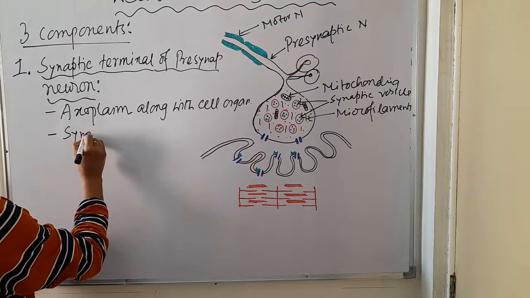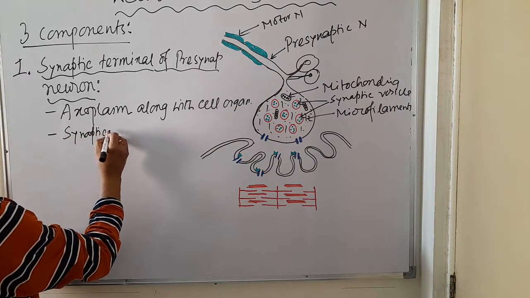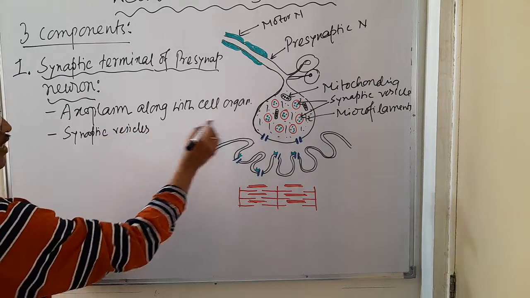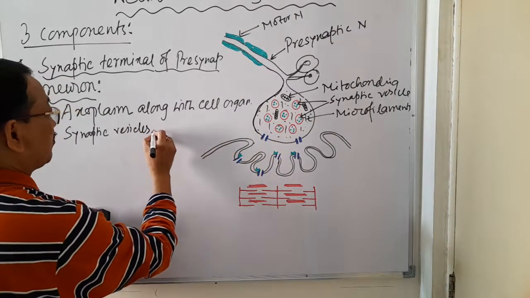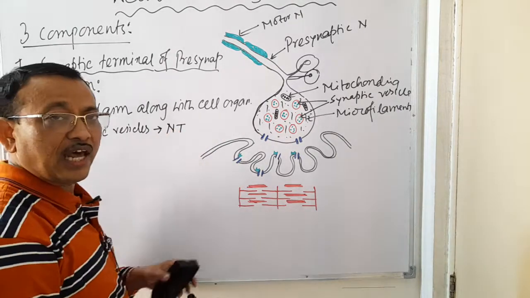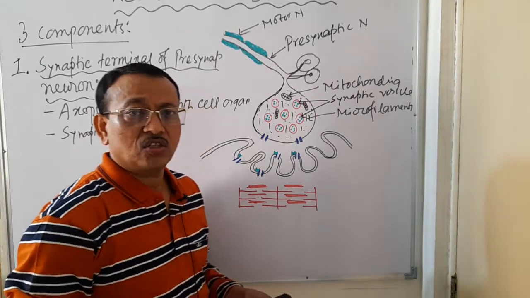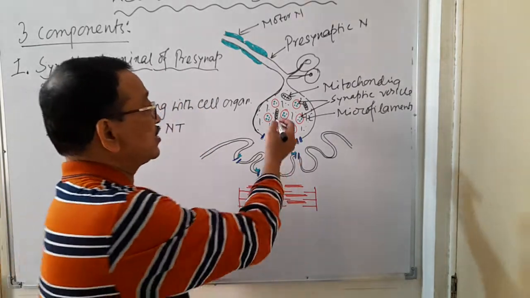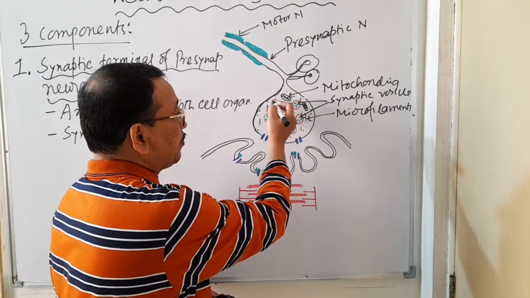Synaptic vesicles are an important component present within this synaptic terminal, and these synaptic vesicles contain different types of neurotransmitters like acetylcholine. So neurotransmitters are stored within these synaptic vesicles.